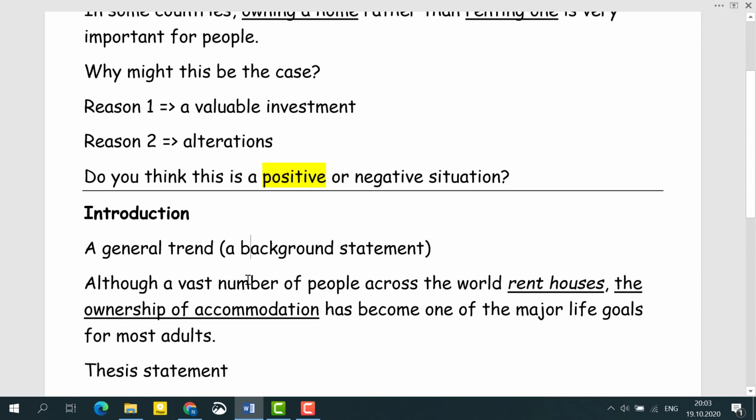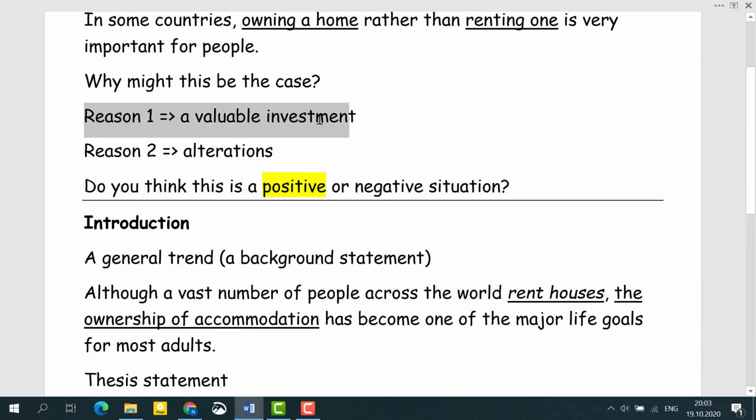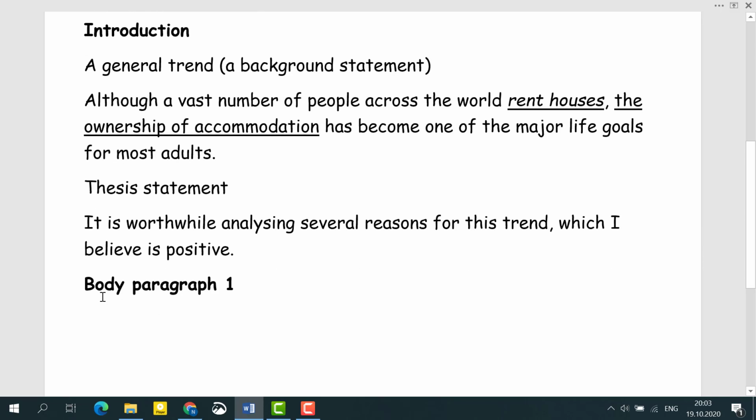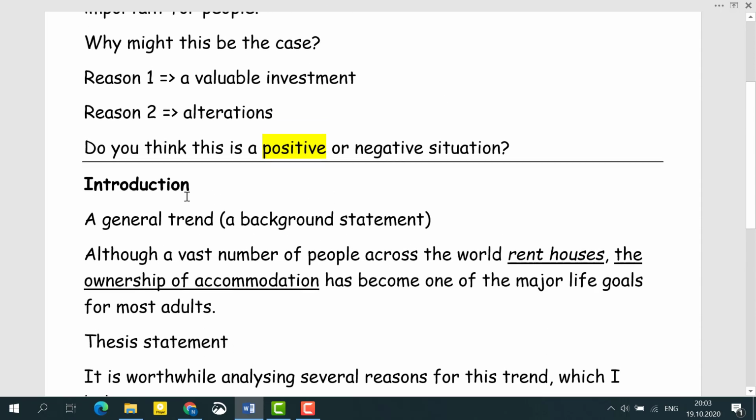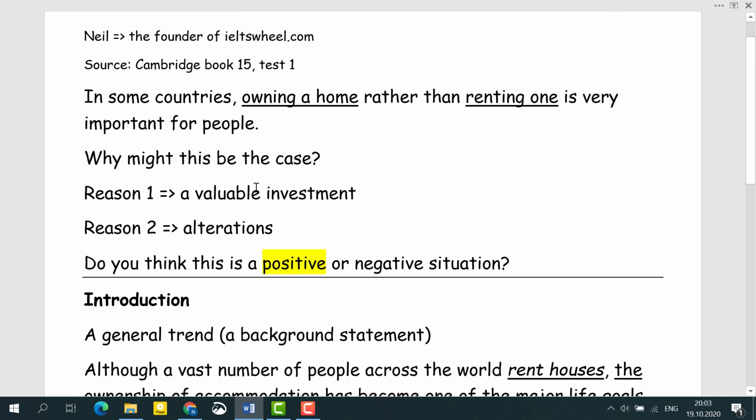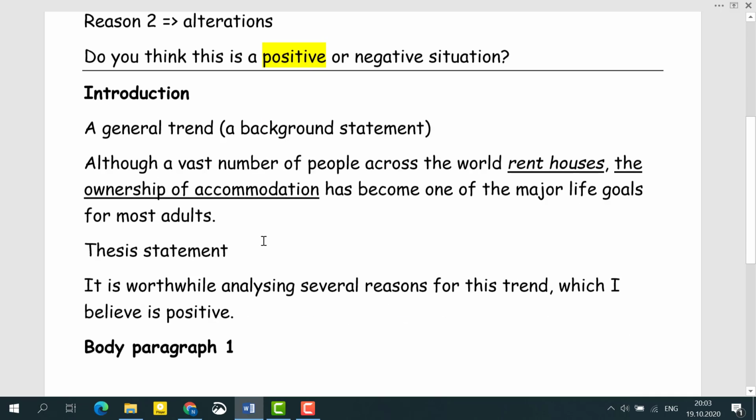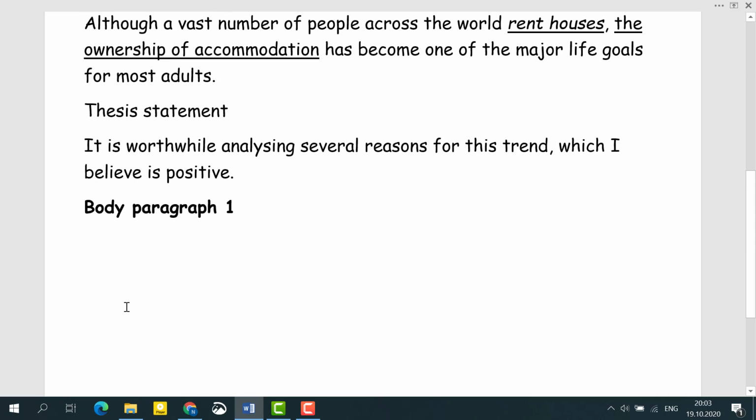And I have to clearly explain the first reason in the first body paragraph, okay? So that the examiner will understand it. And also, I need to reinforce my position saying that it's a positive situation. So I have to mention the first reason and to say that it is positive, okay? Why? Because that's exactly what the examiner wants me to do. Okay, now let's just see how I can do it.